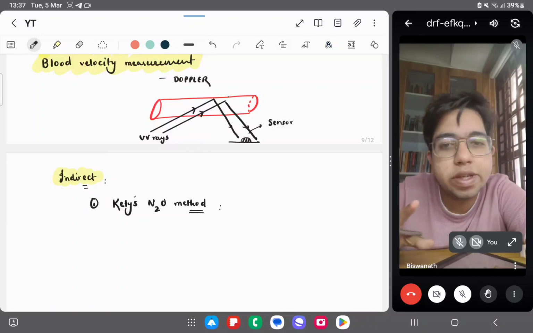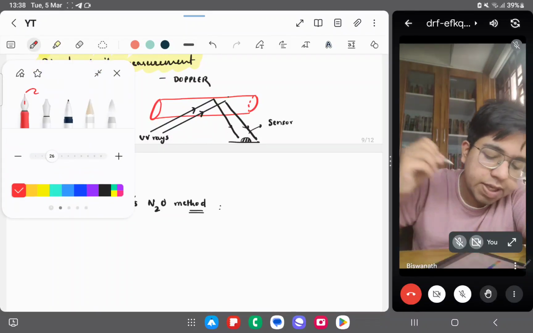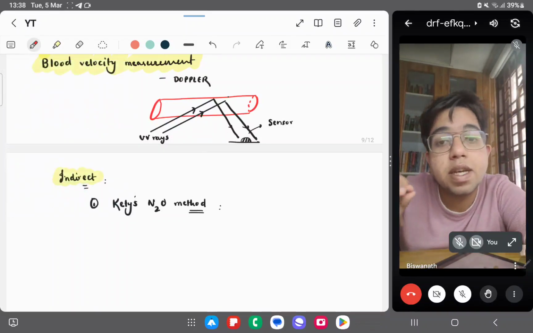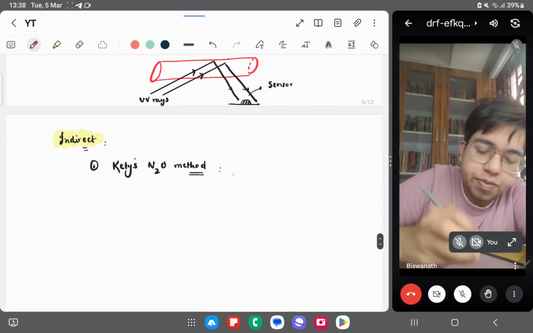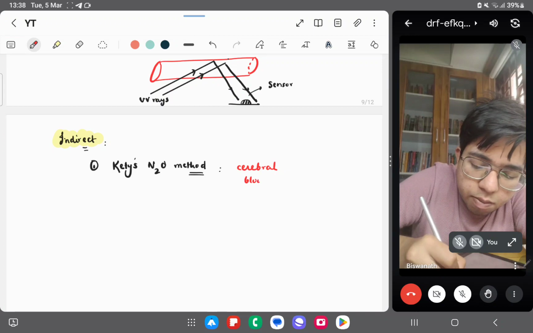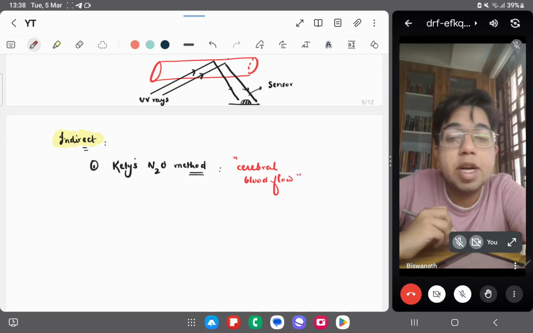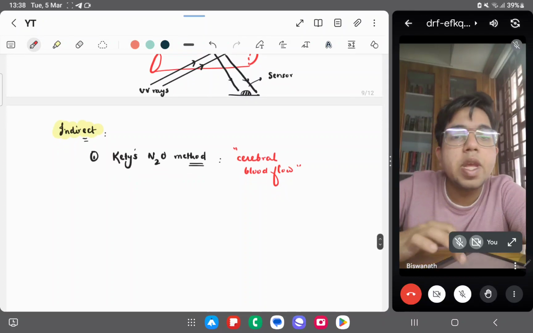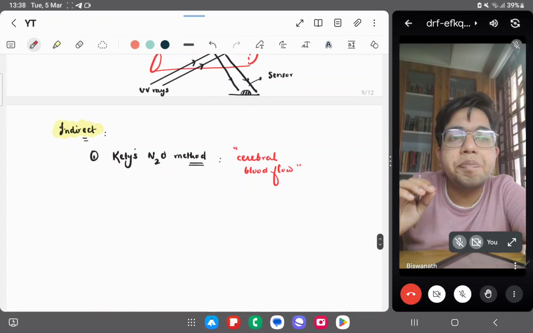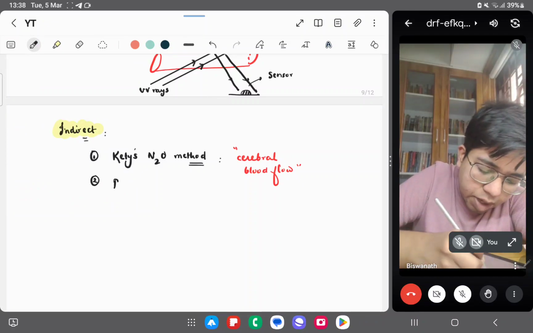The whole procedure is not needed, but just an MCQ fact to remember is that this method is used for measurement of cerebral blood flow. Then we have another method, that is PAH clearance.